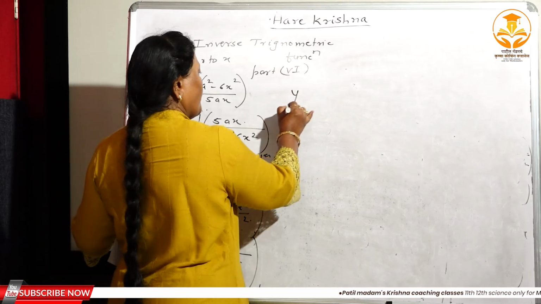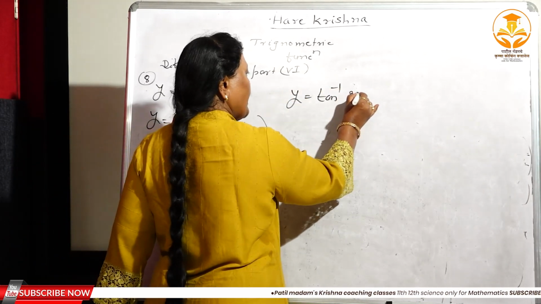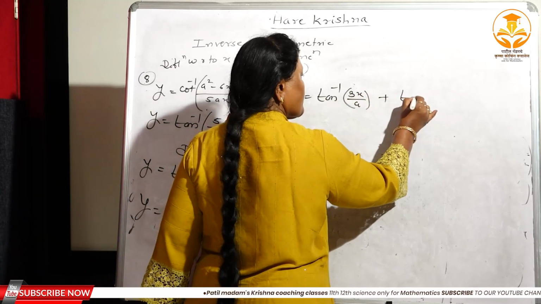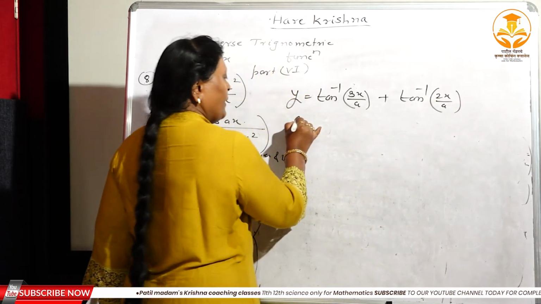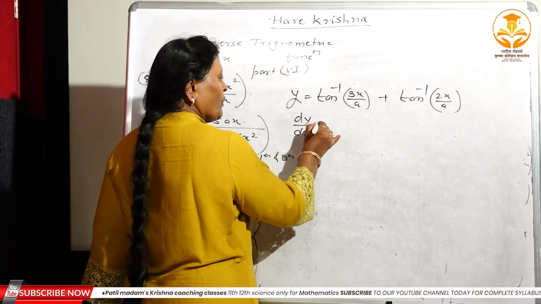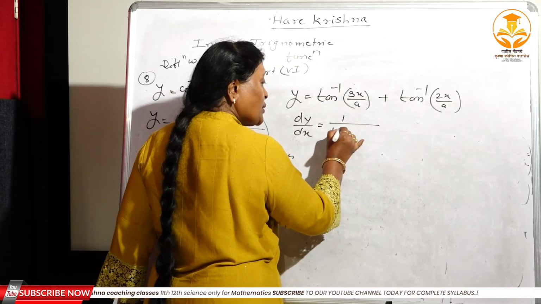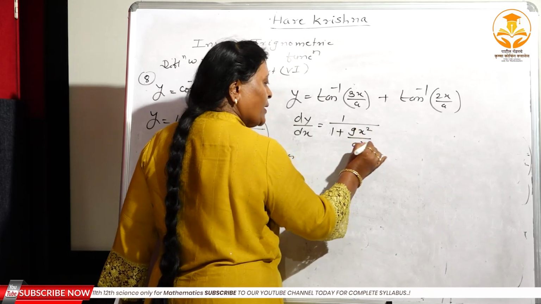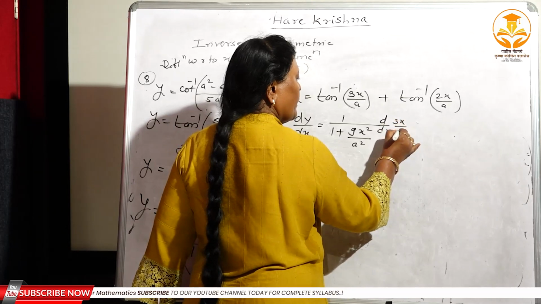Again using the formula, tan inverse, this you can write as tan inverse 3x by a plus tan inverse 2x by a, right? Again dy by dx, the derivative of tan inverse u, that is 1 upon 1 plus u square, means 9x square divided by a square, and d/dx of 3x divided by a, right?